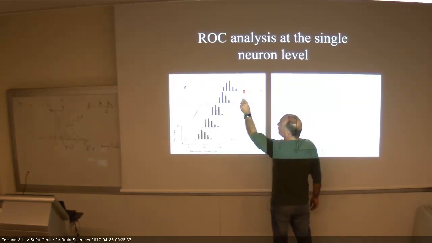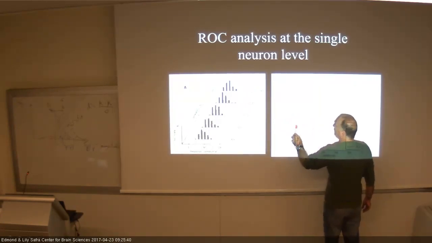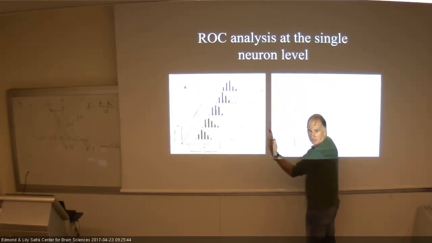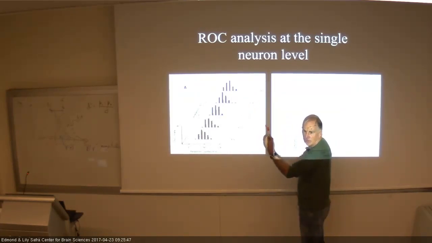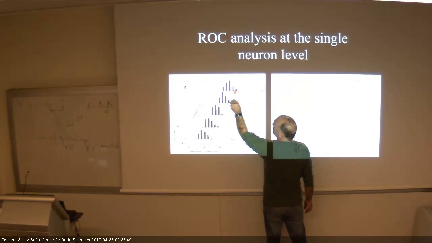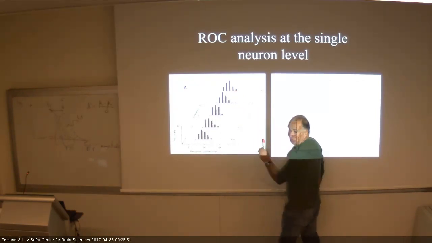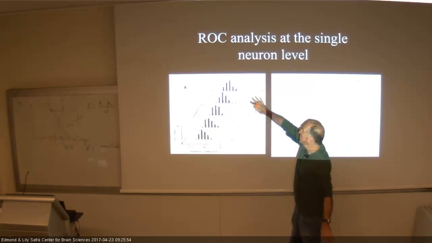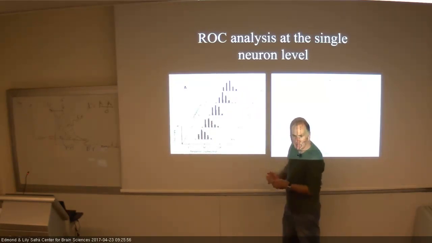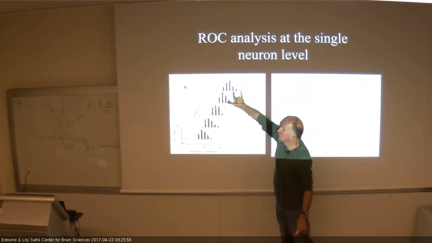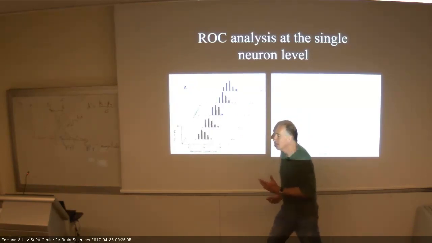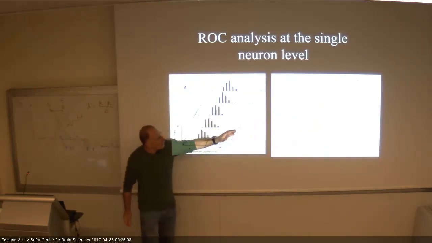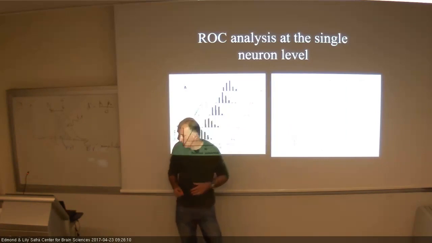So as I increase the criteria, I'm moving along this dimension, increasing the rate of hits without incurring any false alarms. When do I start incurring false alarms? As I get to here, there's the first false alarm. Would the performance here be completely perfect? No, because there's some overlap between these two distributions. That's basically the way to assess this.